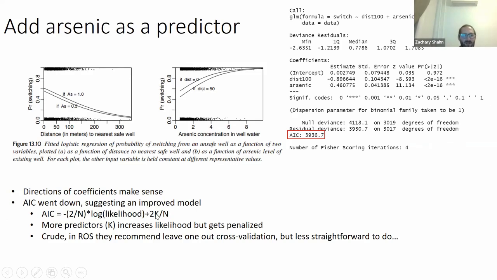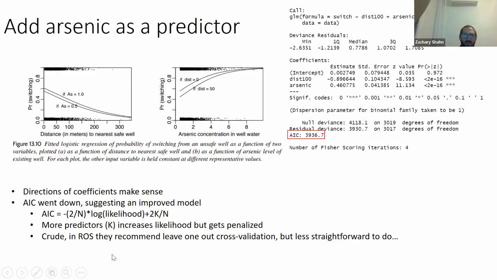At what price? AIC is a really crude approach to determining if it was worth it to have a more complicated model versus a less complicated model. There are other competing formulas like this. They all can be proven to give you the best model in a set under assumptions that never actually hold. So how you choose among them is somewhat arbitrary.